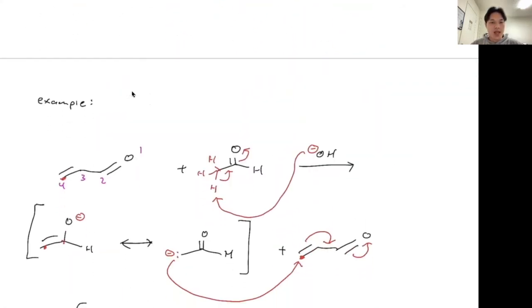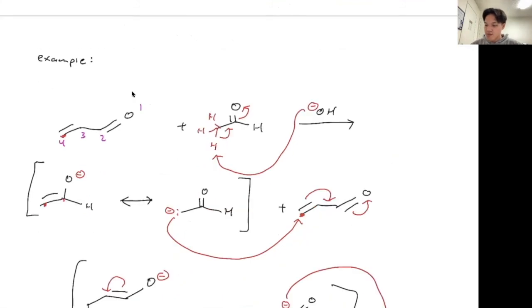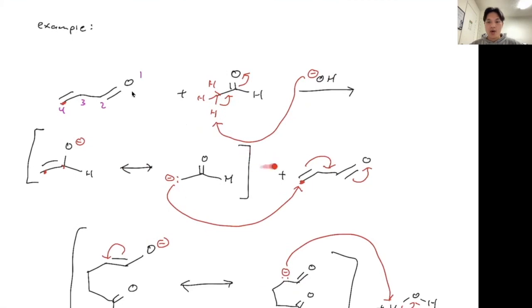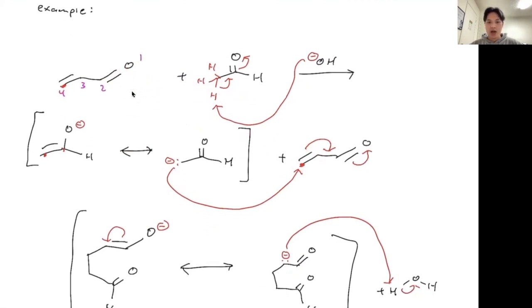So this, again, is Michael addition. We have this alpha beta unsaturated carbonyl compound, right? And then we have our aldehyde or carbonyl compound over here. This OH is going to come deprotonate this and form our enolate compound over here. Then it's going to add 1,4 to this alpha beta unsaturated carbonyl.